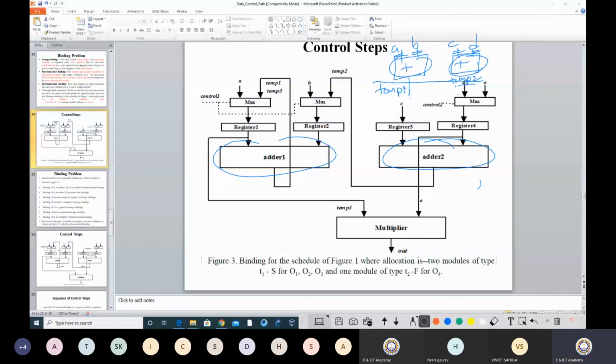No need to go for a separate adder. So that's why I can use any one. Let's consider that I am using this particular adder.